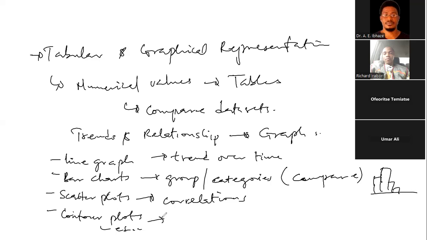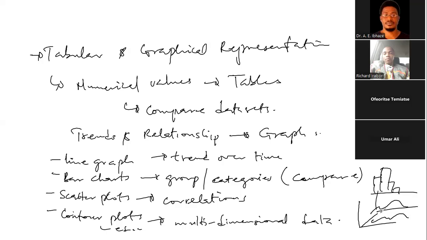And then if, for instance, you have multidimensional data, then you could use your contour plots. So let's assume you have a 3D plot and all of that. So you want to show all three sides in that plot, right? Probably there's a trend that is going this way. So it's all put together. So you want to use 3D, then you want to use contour plot of heat maps and all of that.